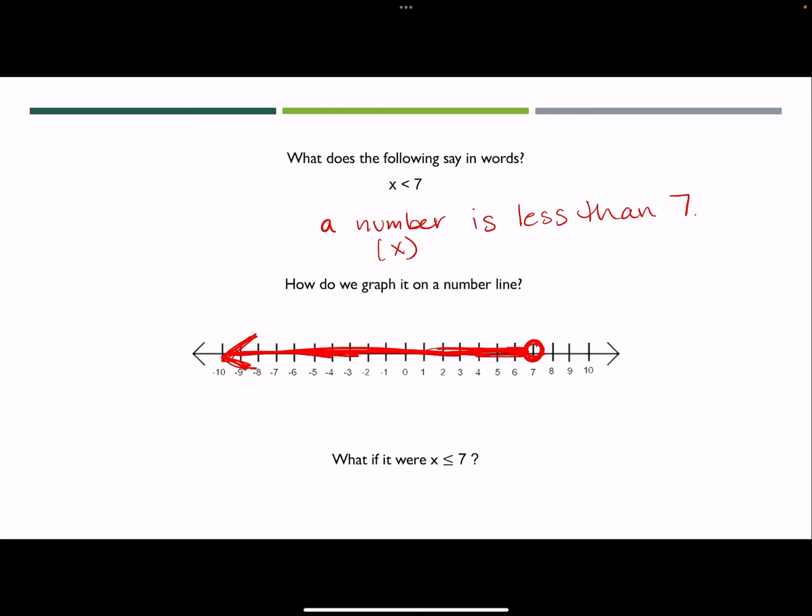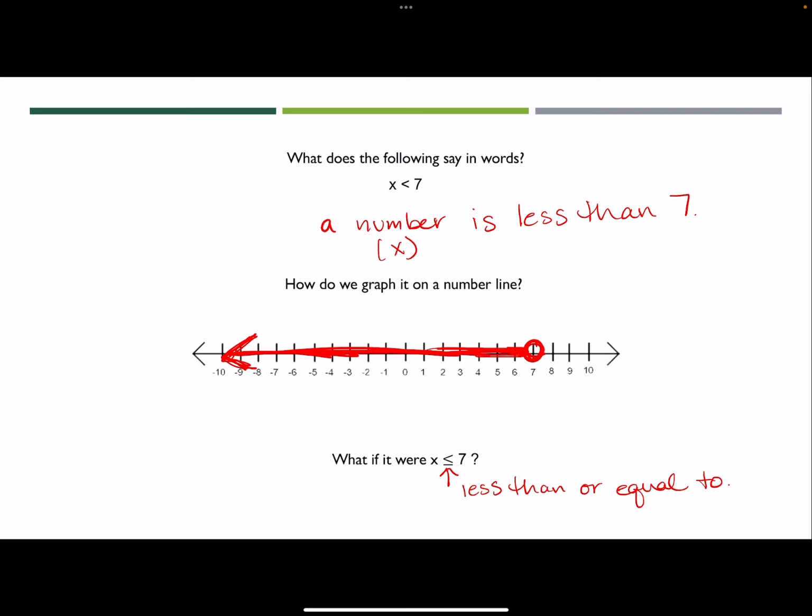Now, what if it were x is less than or equal to 7? Remember, that symbol means less than or equal to. So a number is less than or equal to 7. That means 7 could be included. 7 is less than or equal to 7.